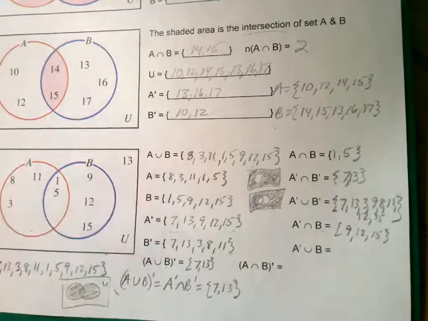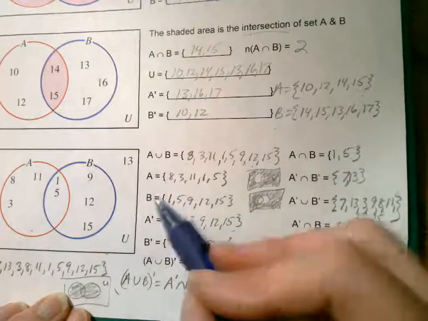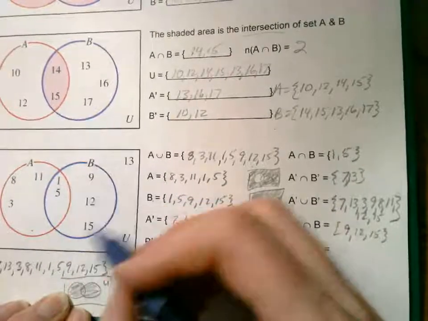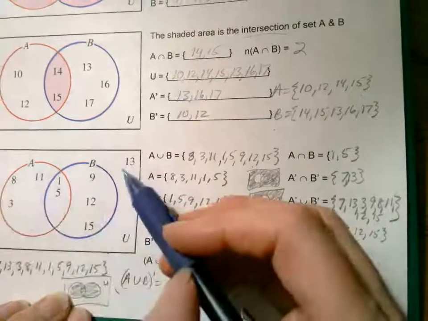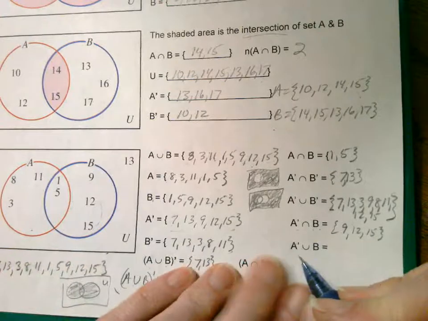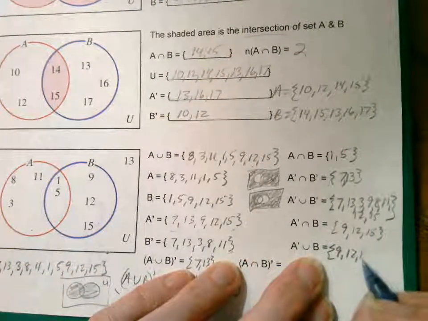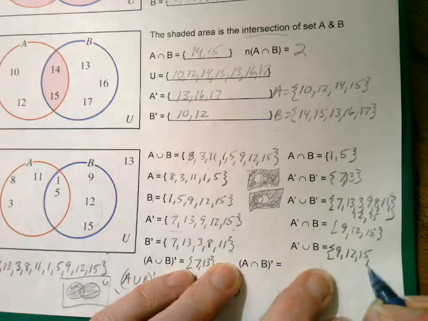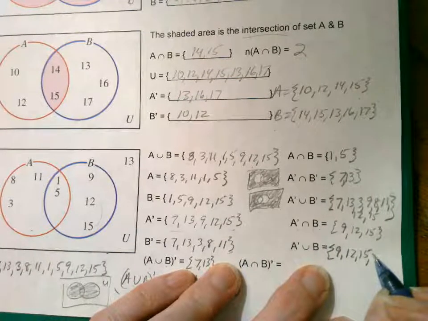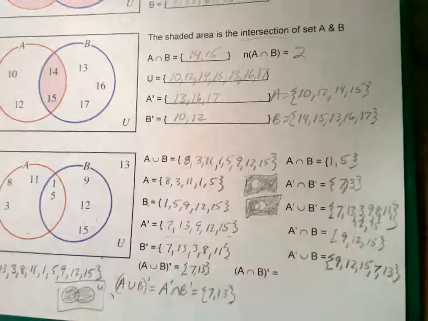B is just these. So even though not A has these, B does not have those, so it's not an intersection. But a union does. So that would be all of these plus the 7 and 13.